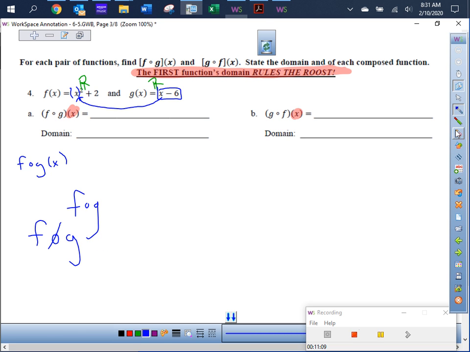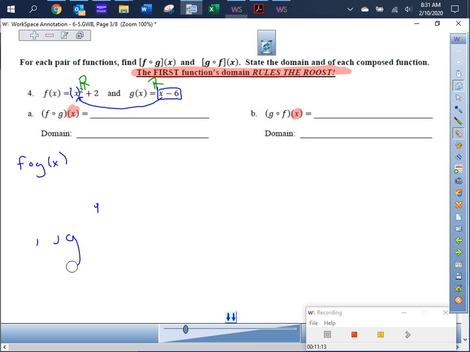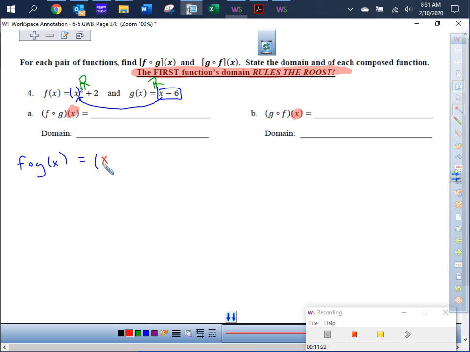So it looks like so. And let's substitute her in. So putting it into parentheses, x minus 6, quantity squared, plus 2. Let's see if we can square that binomial correctly. Square the first guy. Twice the product.